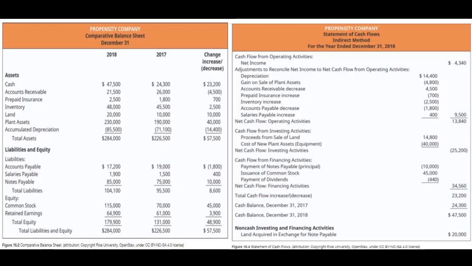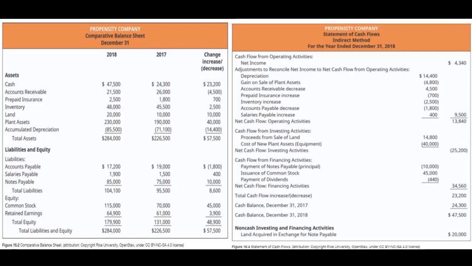What about assets? Let's go back to 16.2. We had said that accounts receivable decreased by $4,500 because our customers were paying us what they owe us more quickly, and that should have a beneficial impact on cash.